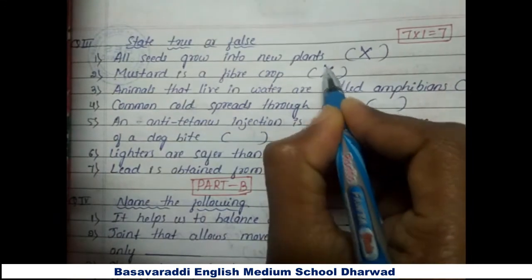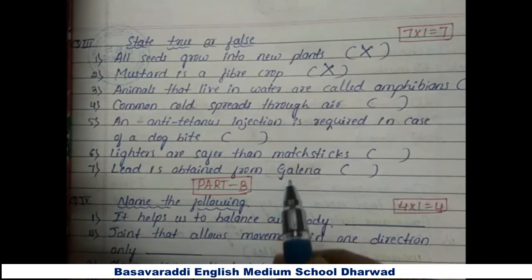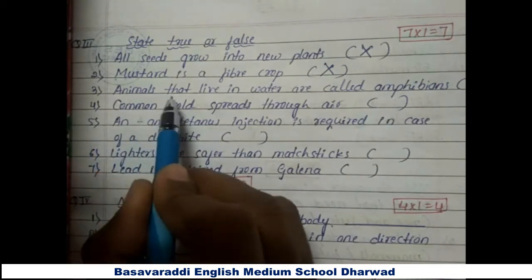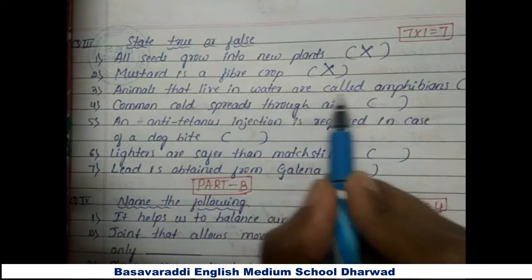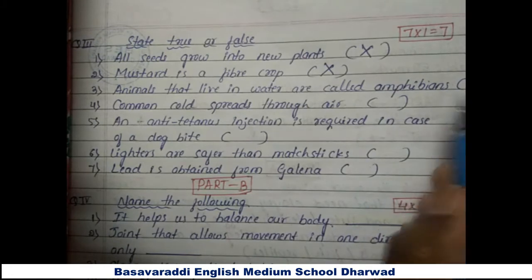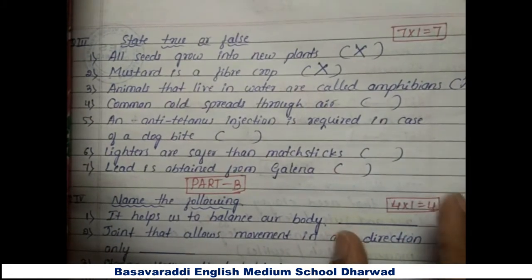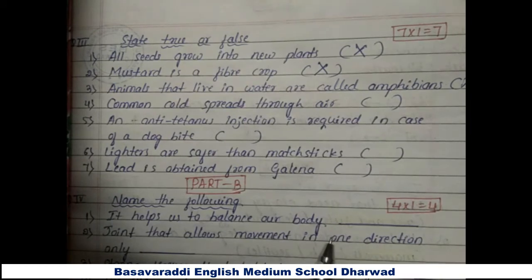Wrong. Mustard is an oil producing crop. Third one, animals that live in water are called amphibians. Wrong. Animals that live on both land and water are called amphibians.